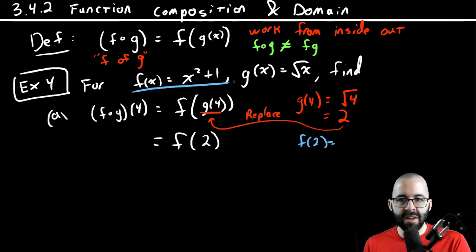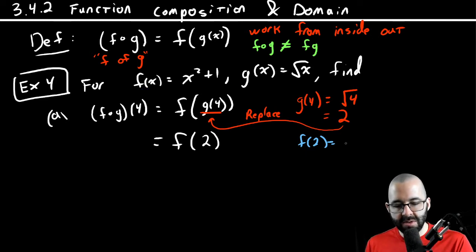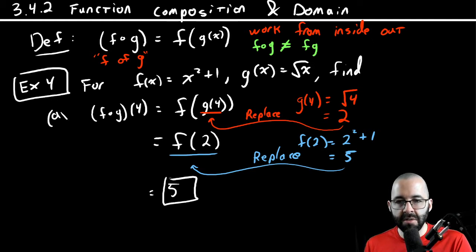Well, replace all the x's with 2's. It's going to be 2 squared plus 1, which simplifies to 5. Again, if f of 2 equals 5, you just replace it. So f of g of 4 is equal to 5.